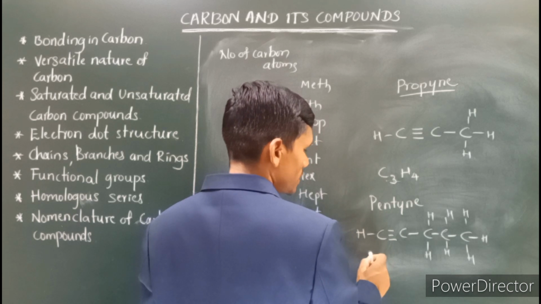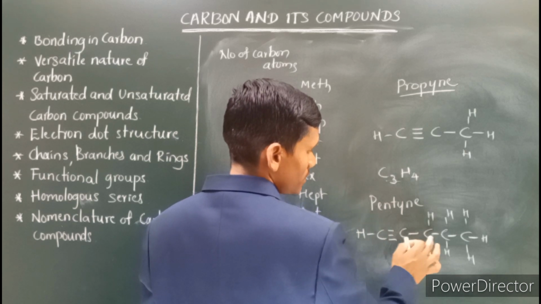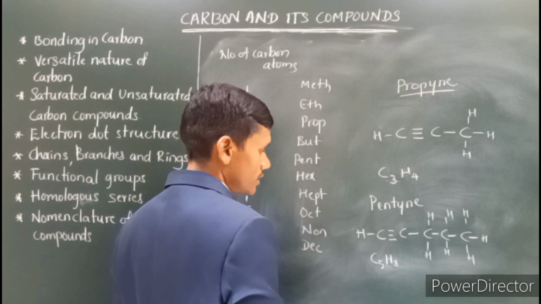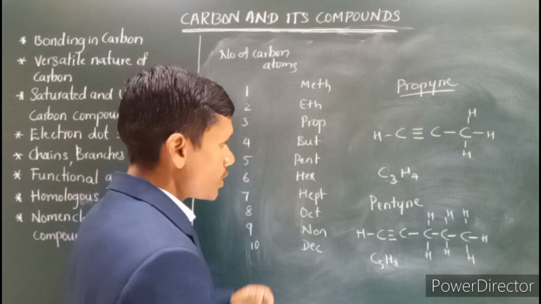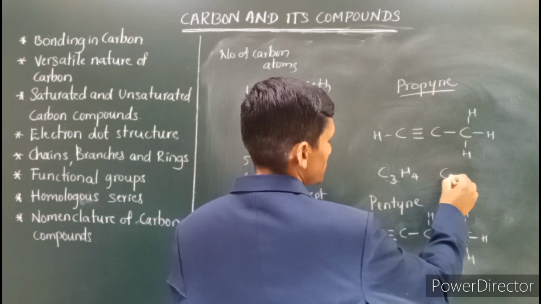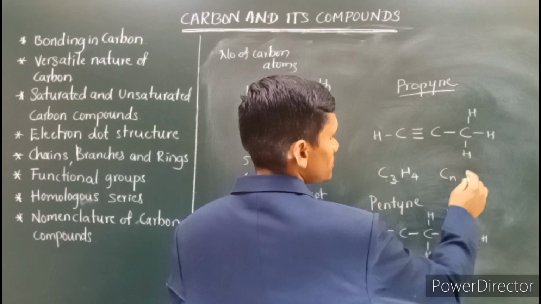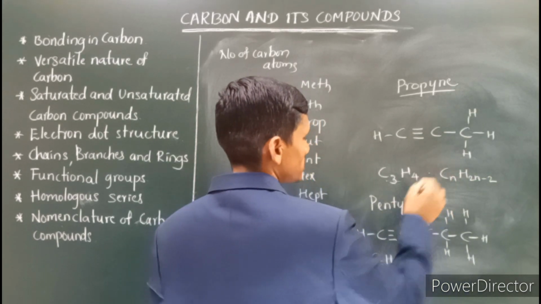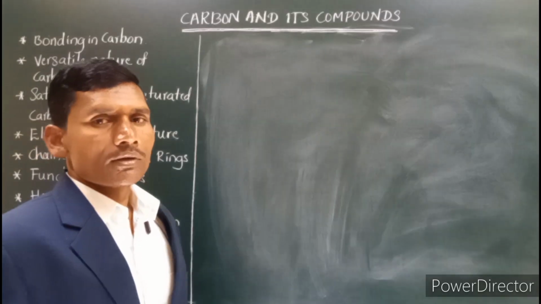If you write this, carbon atoms 5, C5H8. Okay. Now we can get one general rule for this. You can write this as CnH2n-2. You can write here the general formula.